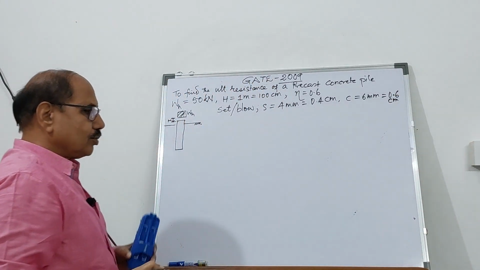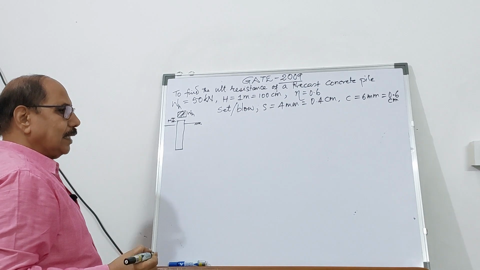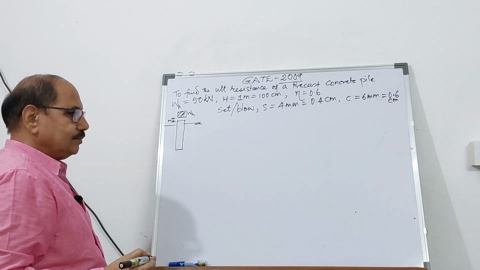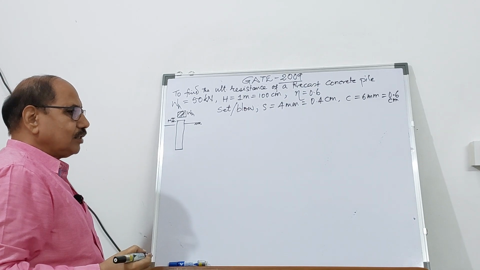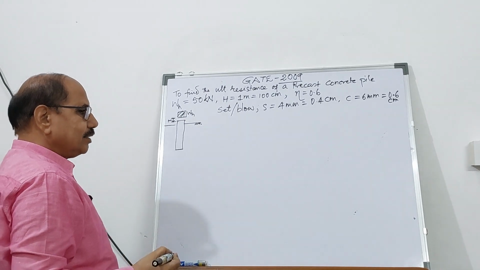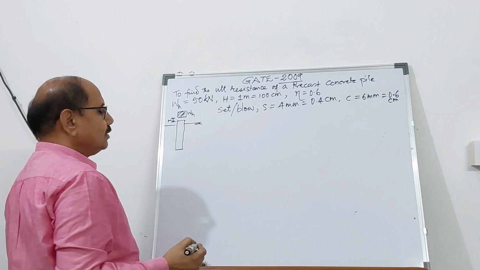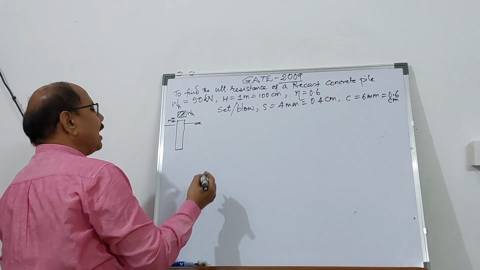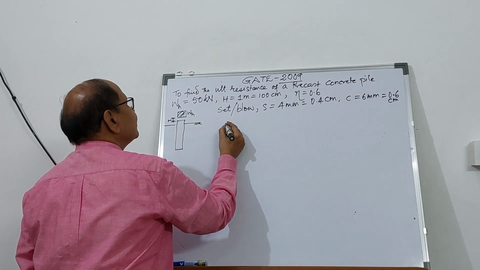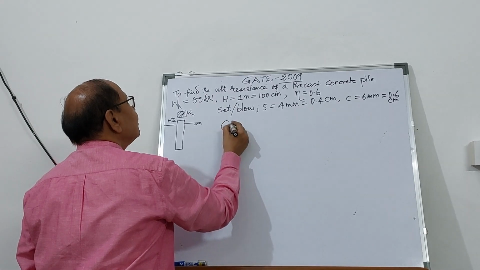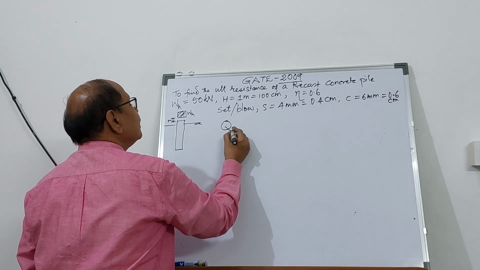So C is also given to you, and you need to calculate the ultimate resistance of the precast pile.